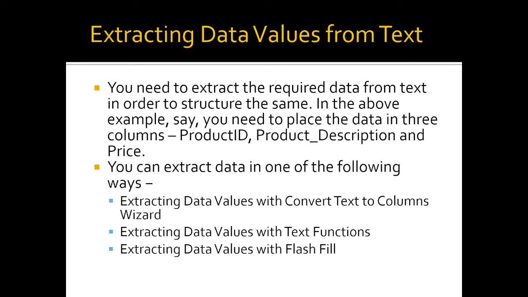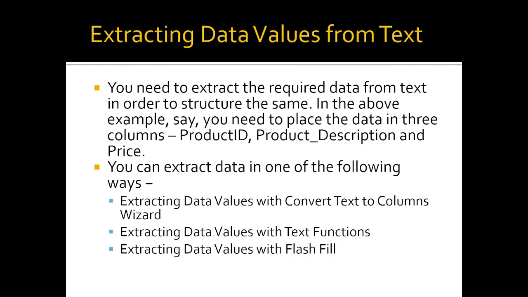You need to extract the required data from text in order to structure it. In the above example, you need to place the data in three columns: one column for product ID, another for product description, and another for price. You can extract data in one of the following ways.